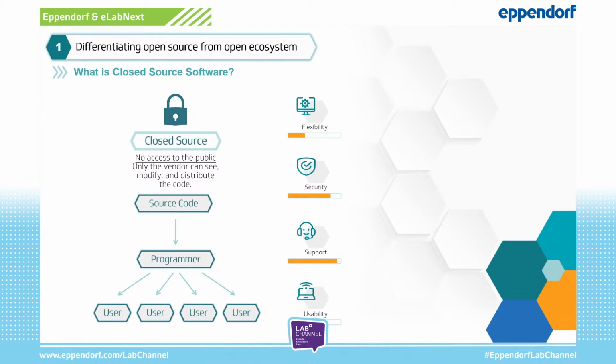The first one you can see on the right, we are rating flexibility. As I said, the source code here is closed. No one has access to it, which means that no one can make changes to the software as well. So this makes it less flexible. So if a user wants to change something or wants to add an additional functionality, in this case, it's not really possible, unless the service provider does it.